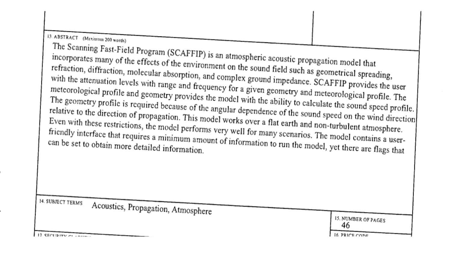In the abstract for the document on page 39, it is admitted that this model works over a flat Earth and non-turbulent atmosphere. "Even with these restrictions, the model performs very well for many scenarios." It seems that assuming a flat Earth isn't really a restriction, but rather a necessity, because in study after study, this is how all calculations are made.